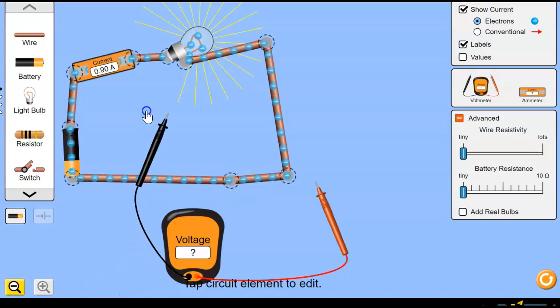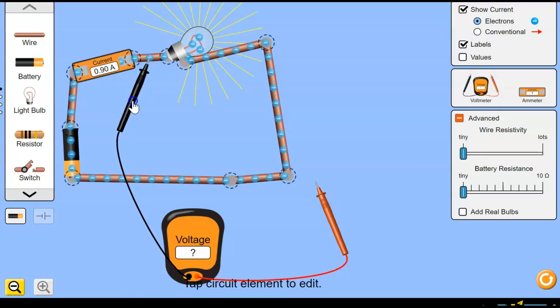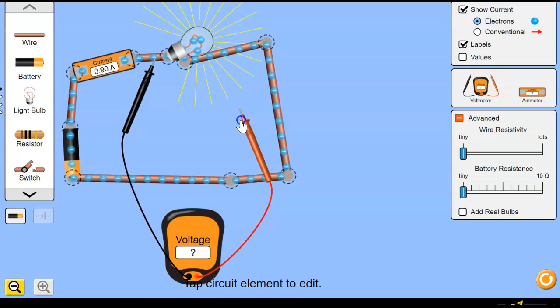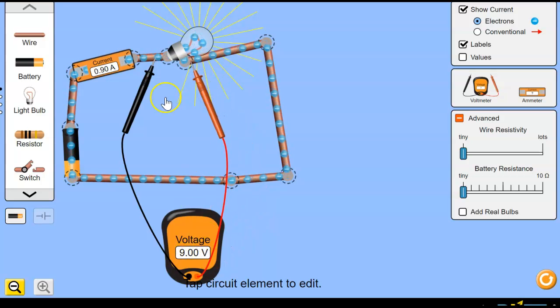So let's say I want to check what is the difference between here and here. And if I do that, what I get is an answer of 9 volts. And that tells me that between here and here, so in this lamp, the voltage drop is 9 volts. That tells me that this lamp has consumed 9 volts of energy.